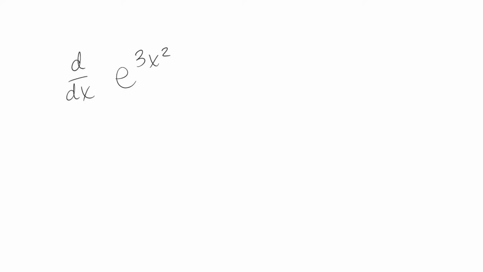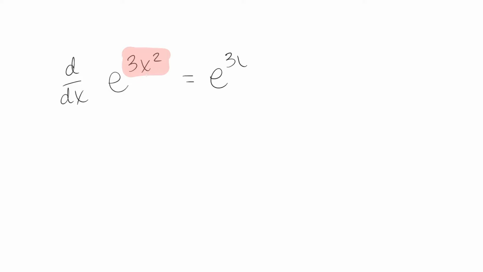So this is e to the x, and remember our x is 3x squared, so it's really e to the f of x. So the derivative of e to the x is e to the x. Now we're going to multiply that by the derivative of 3x squared, which is 6x. So we can leave it like this, or you can rewrite it with the 6x in front.